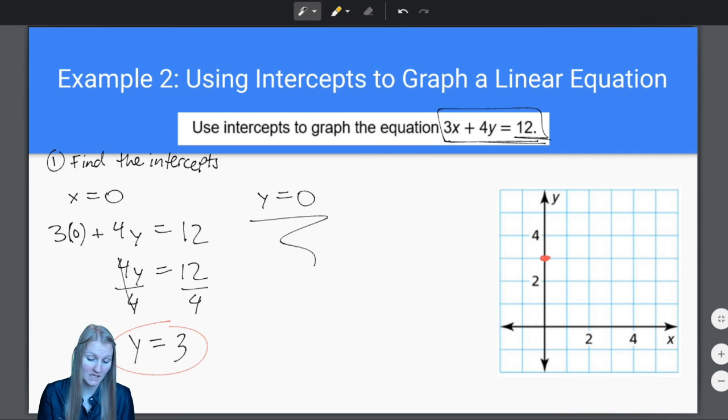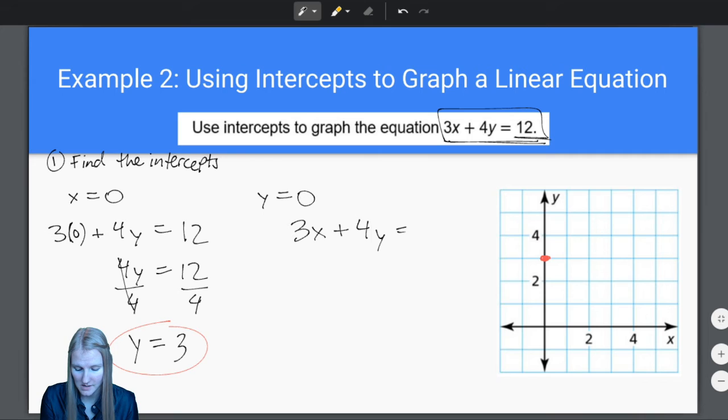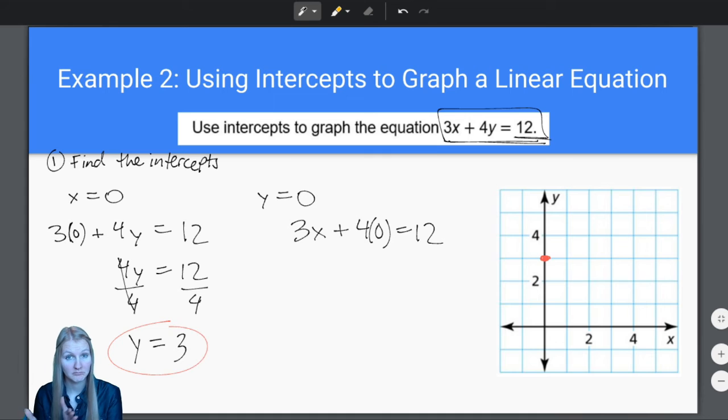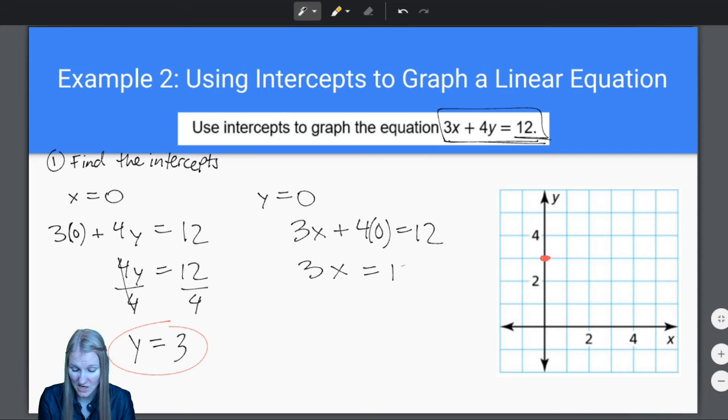Let's do y equal to 0. So we're going to take 3x plus 4y equals 12, but now y equals 0. So I have 3x plus 4 times 0 equals 12. And that leaves me with 3x equals 12, because the 4 times 0 is just 0, can go away.